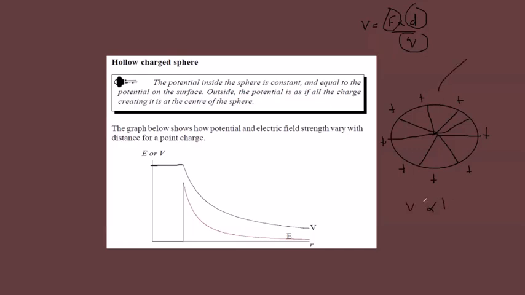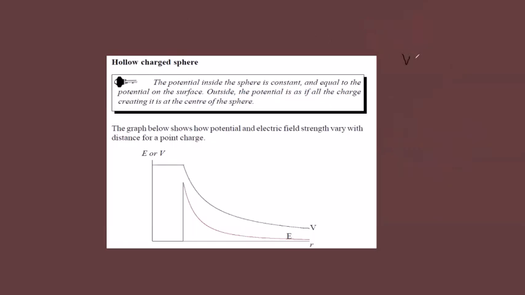So V is equal to kq over r. This is the same formula which we used previously for a point charge. So we use the same formula for a hollow sphere, but within the sphere, the voltage is constant.